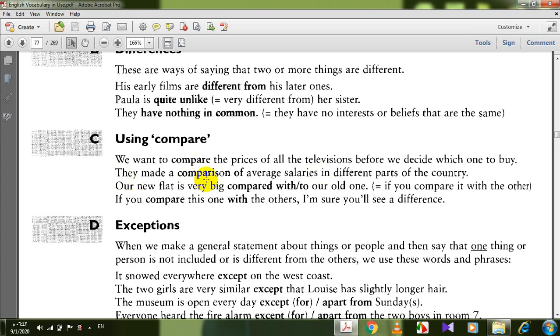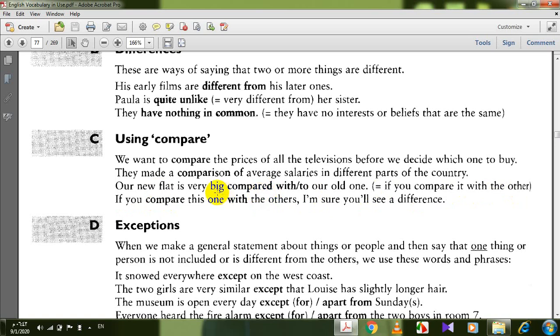They made a comparison of average salaries in different parts of the country. Our new flat is very big compared to or compared with our old one. It means if you compare it with the others.